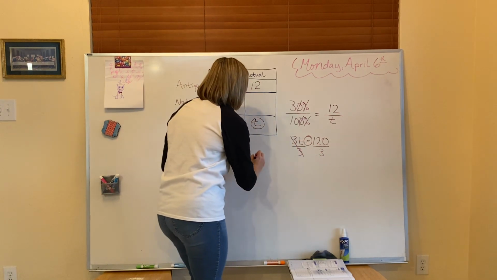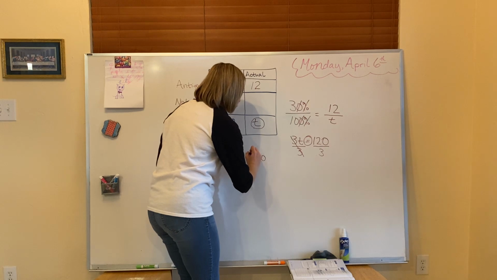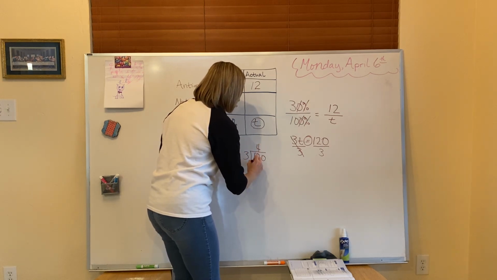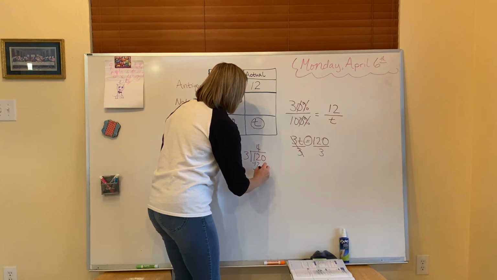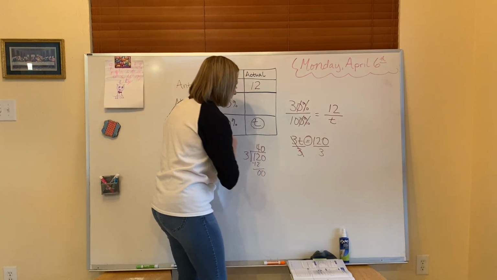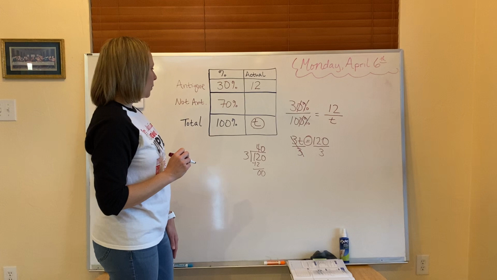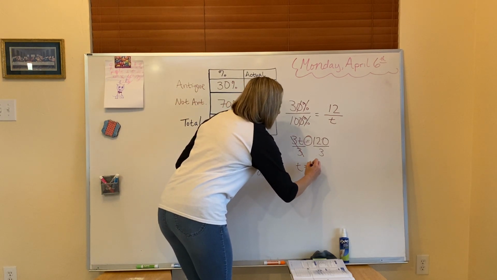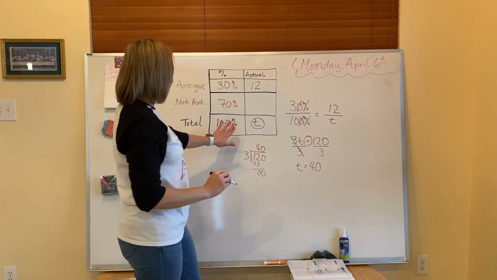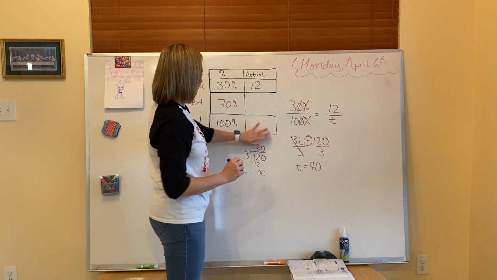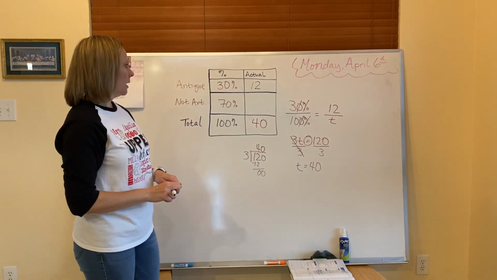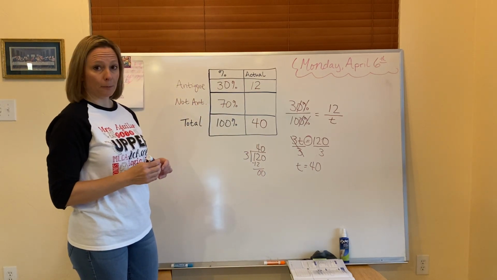What is 120 divided by 3? It's 12, bring down a 0, it's 40. Perfect. So we've solved t is equal to 40. And we can fill in our box. Our total number of cars in the parade, actual count, is 40.